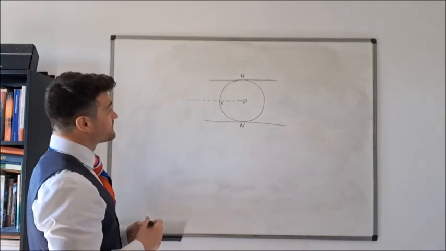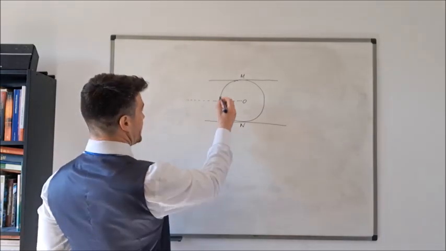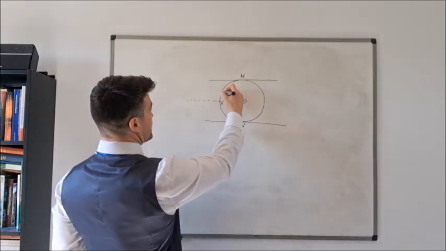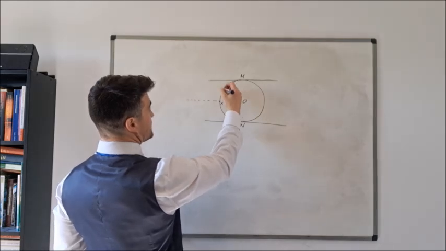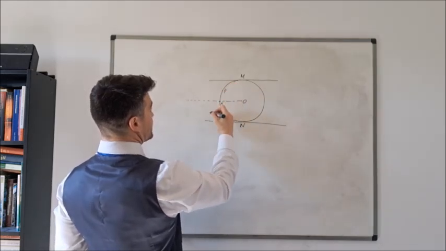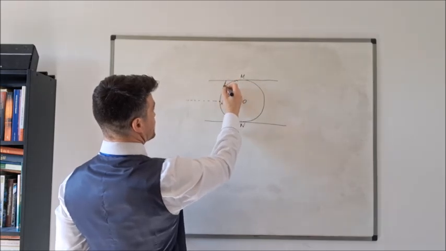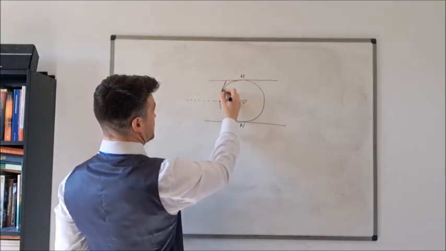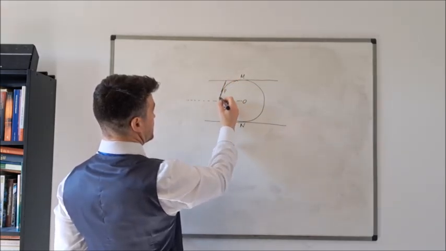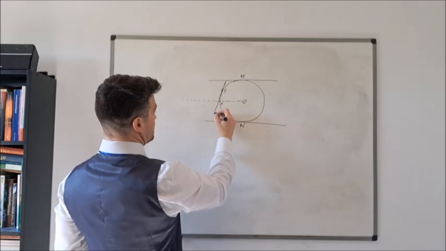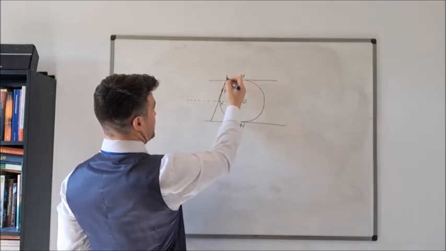Okay, so let's put our point P, for sake of argument, here. And we're going to get a tangent. That's going to determine a tangent. Not necessarily easy to draw. We've got K there, we've got L there.